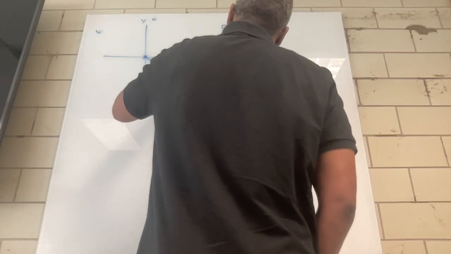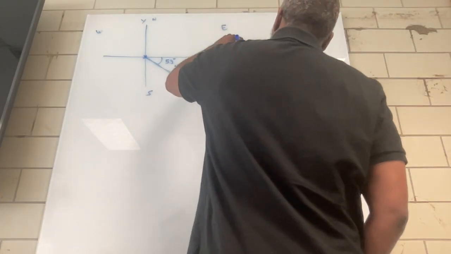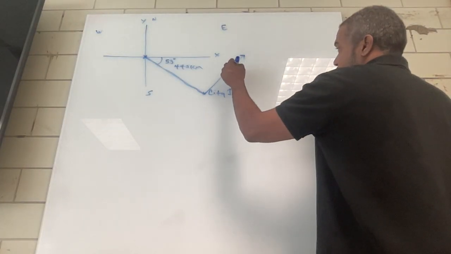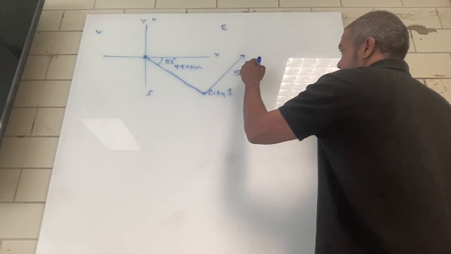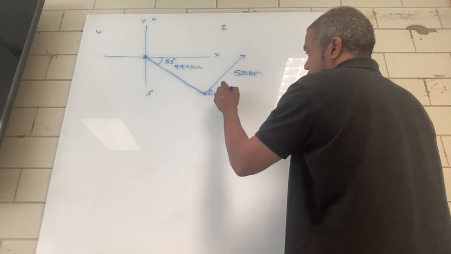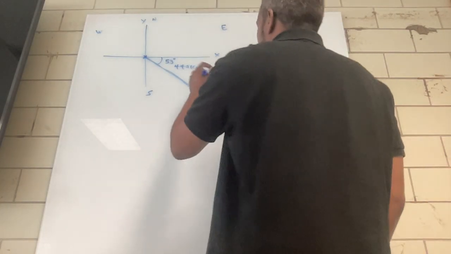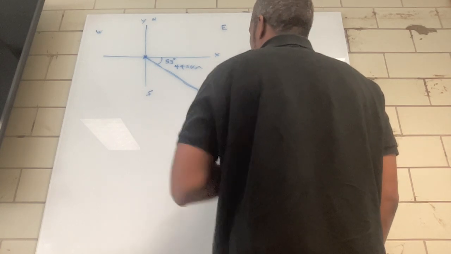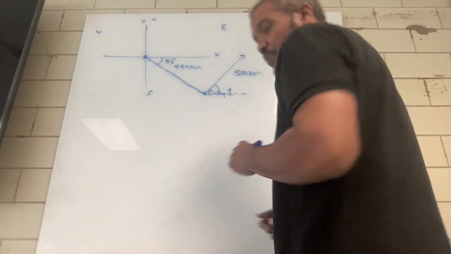We're gonna go this way, and we're gonna do that for 520 kilometers. And we went northeast at an angle. Let me rewrite that.